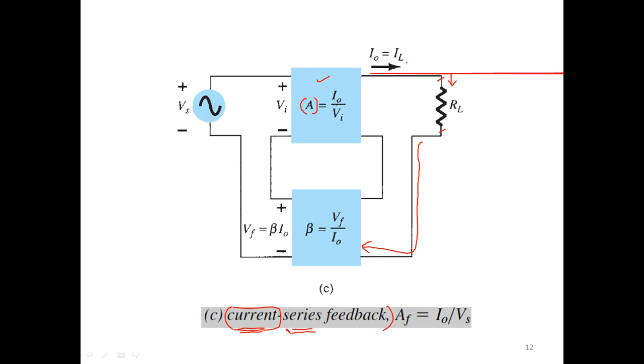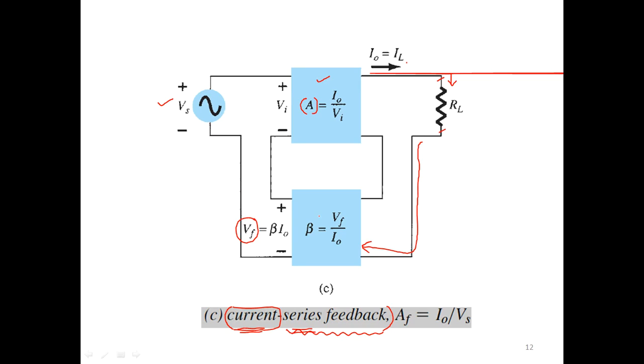Now what about the output of the feedback network? The feedback is in series, we are providing feedback in series with respect to the input signal. Now just observe, this is Vs, the original input signal, and the feedback voltage is fed in series.